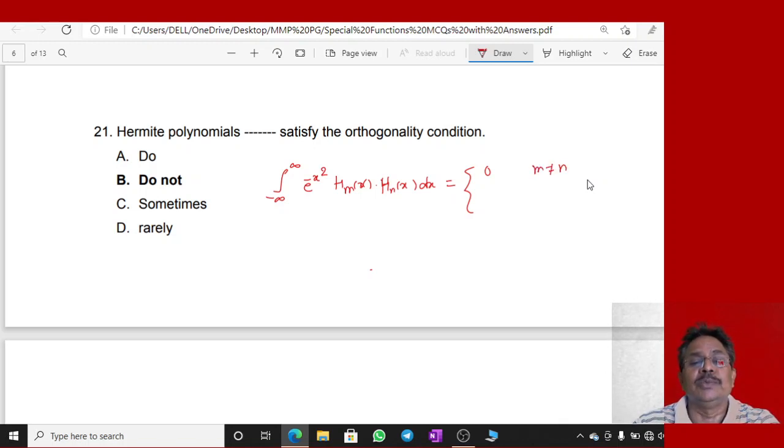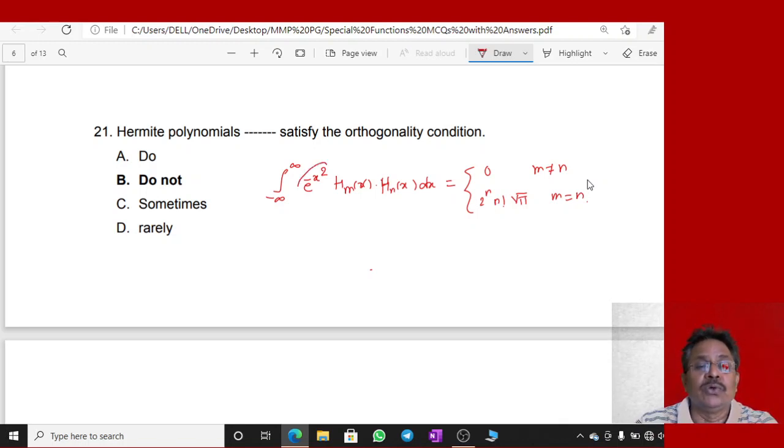So if the order of the polynomials m and n are not equal, then this integral is found to be 0, and when m is equal to n, this factor comes to be 2 raised to n factorial into root pi, provided m is equal to n. So this is the orthogonality condition for Hermite polynomials.